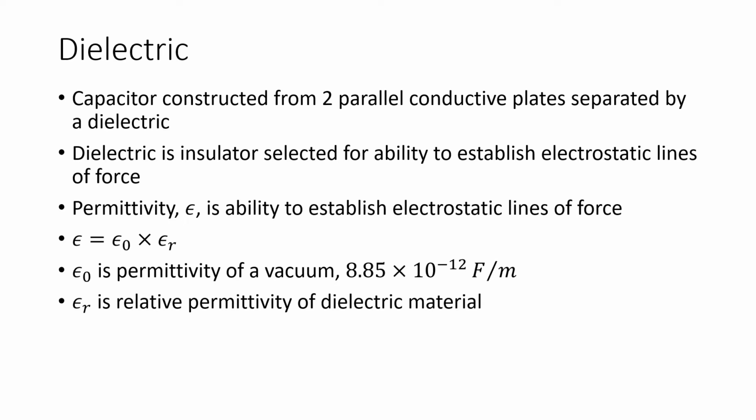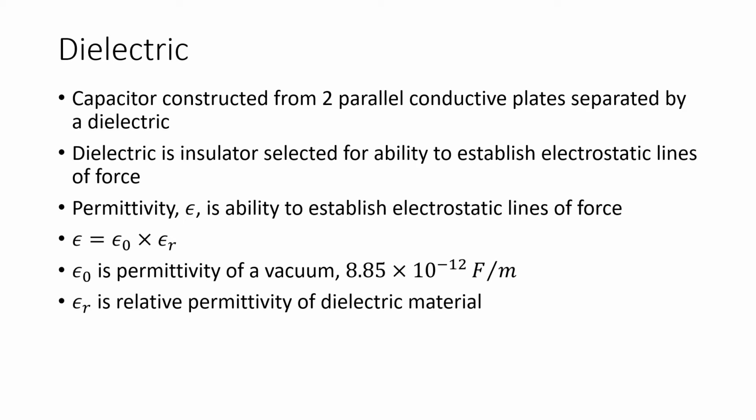And permittivity equals the permittivity of a vacuum, 8.85 times 10 to the negative 12 farads per meter, times some relative permittivity value. Permittivity is similar to permeability that we discussed when we talked about magnetism.